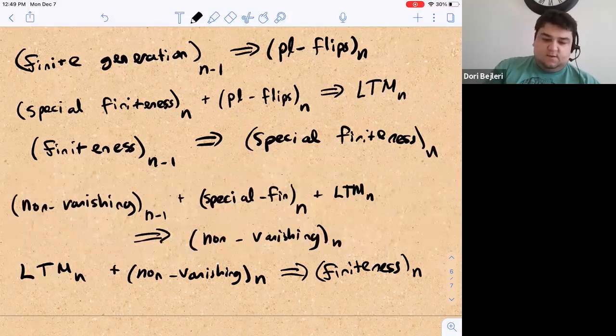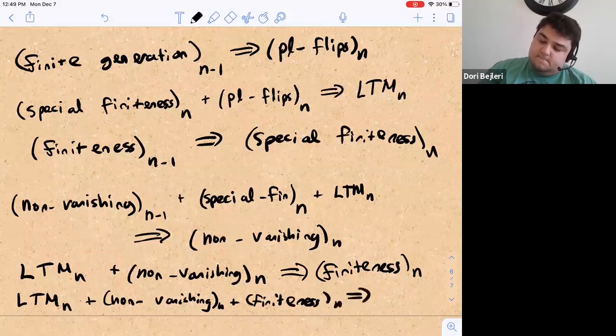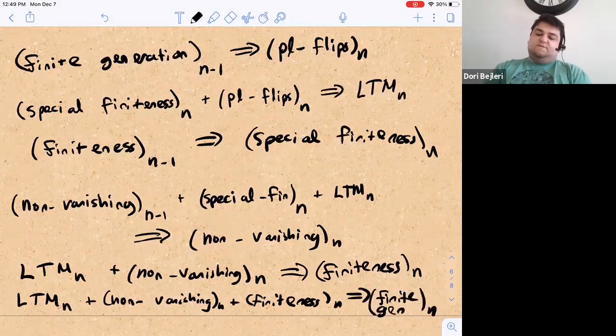And then finally, everything altogether implies finite generation plus Zariski decompositions. And so now we're back kind of at the beginning, but now we know finite generation in dimension n, and so now by induction, we can get it for all dimensions.